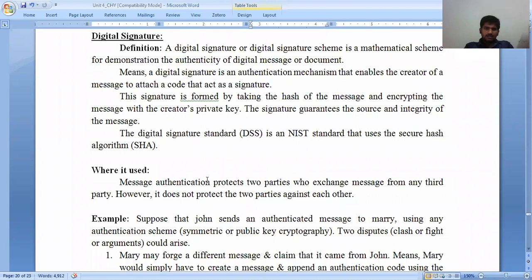Message authentication protects the two parties who exchange the message from any third party. However, it does not protect the two parties against each other.